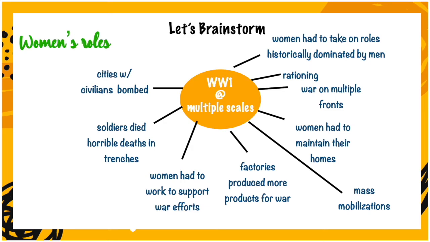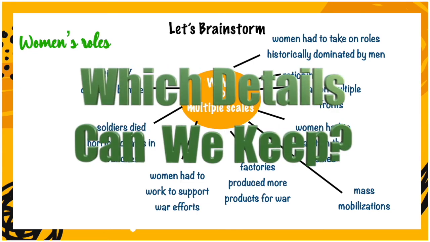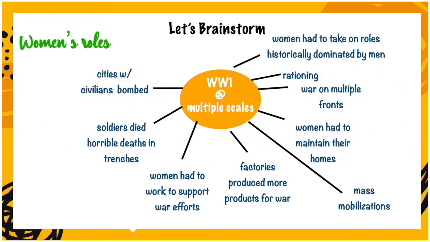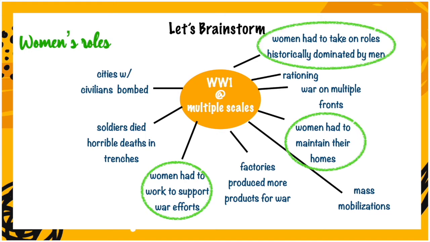So if we're writing a paragraph, and let's say the topic is women's roles, which information would we choose to support our topic? Which information is related to women's roles? Okay, women had to work to support the war effort. Also, women had to maintain their homes, and women had to take on roles historically dominated by men.